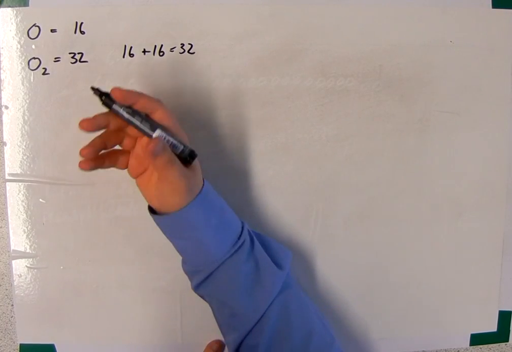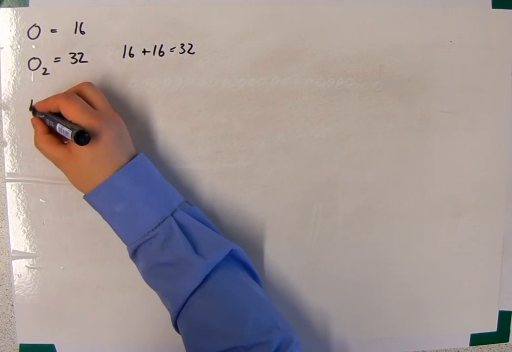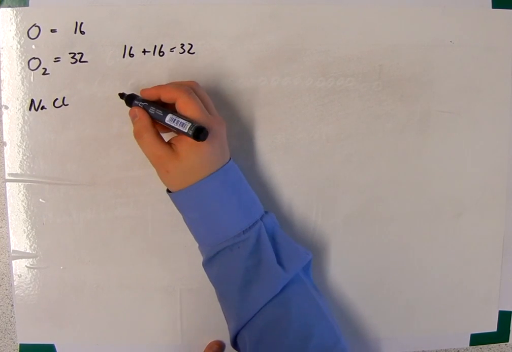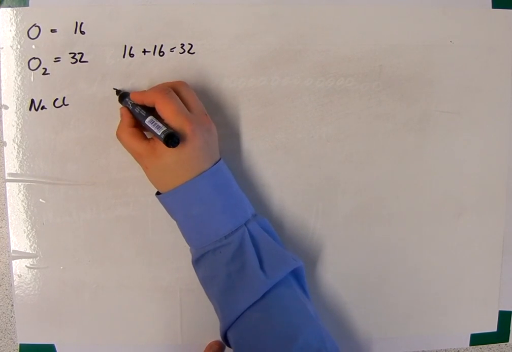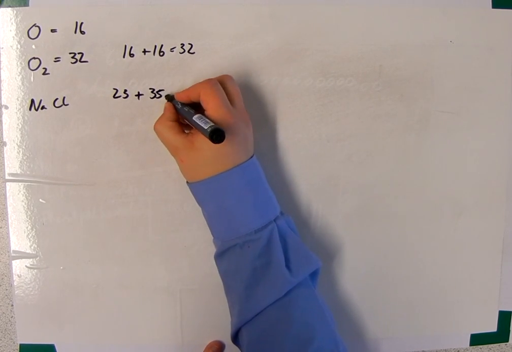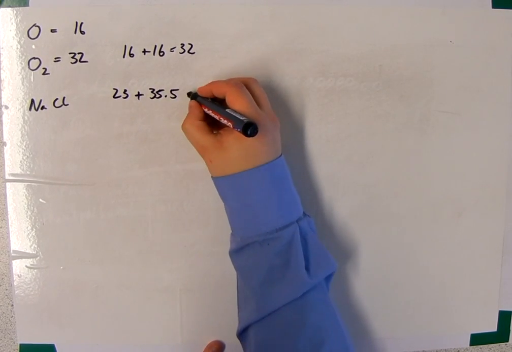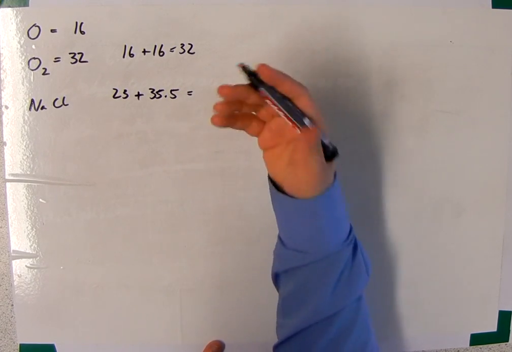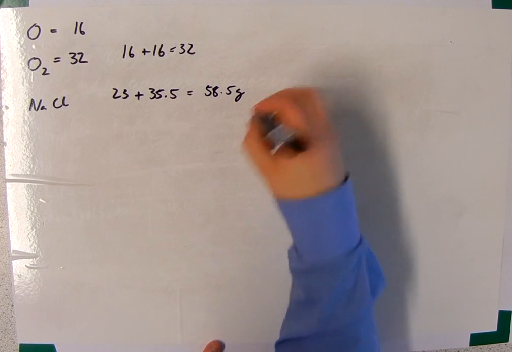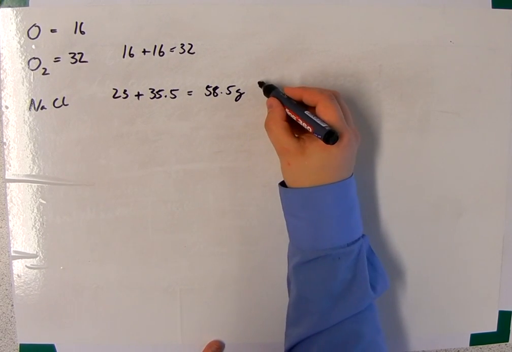For something maybe a little more complicated, we might have something like sodium chloride. Same idea. Sodium, atomic mass, 23. Chlorine, 35.5 because of its isotopes, gives us a molar mass of 58.5 grams per mole.